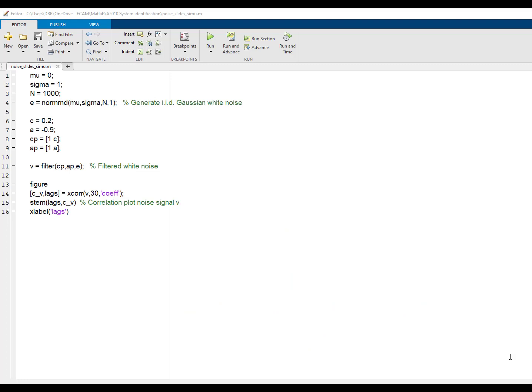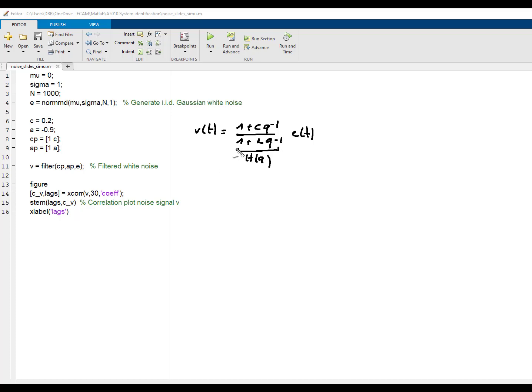So what we can do over here is look at an even simpler example where v(t) is generated as follows. So e(t), and this is H(q).